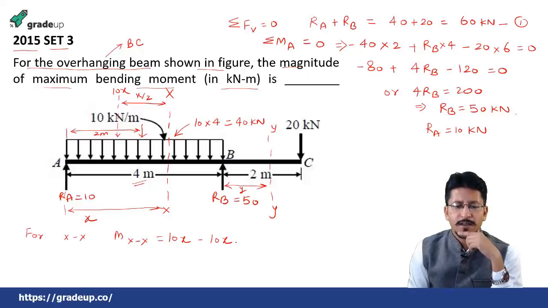So 10 into x by 2, which is equal to how much? 10x minus 5x square. 10x minus 5x square.